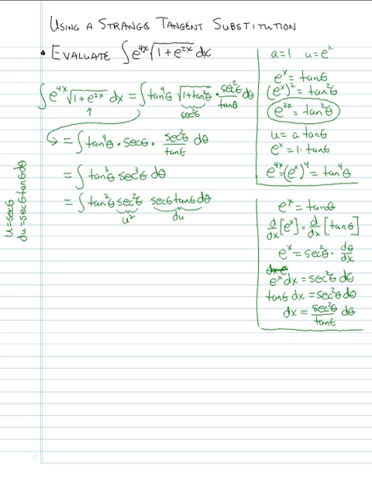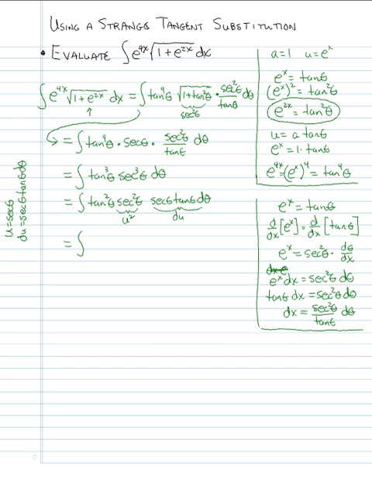Now the problem is the tangent squared business. Well, tangent squared can be written in terms of secants. And since u is secant, then we can convert it all into u.